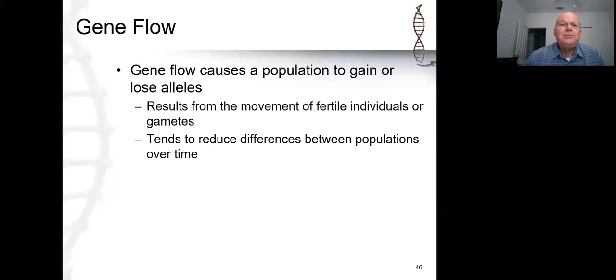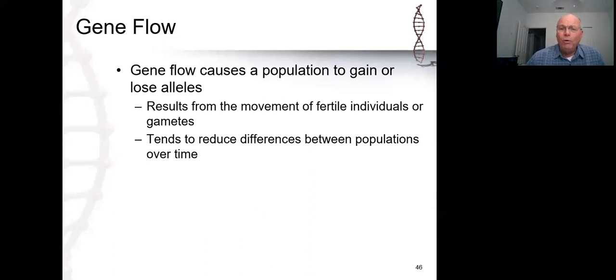So if there is a limited amount of gene flow, in other words, a small amount of migration, so only one or two individuals move from one population to another, that obviously has an effect on the frequency of the alleles in those two populations. The population that lost those individuals has a reduction in frequency. The population that gains those individuals has a gain in the frequency of those alleles.